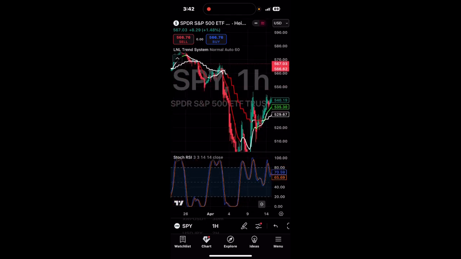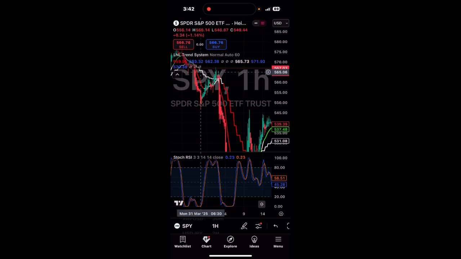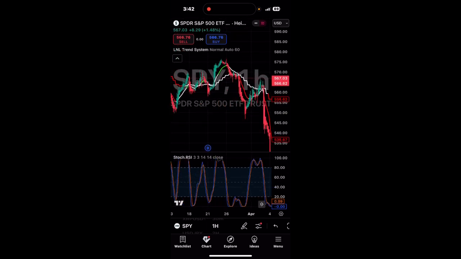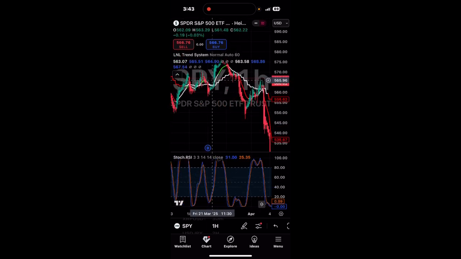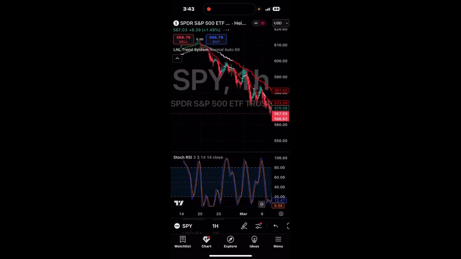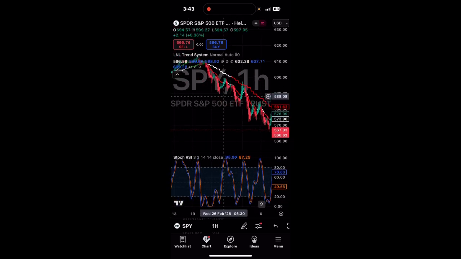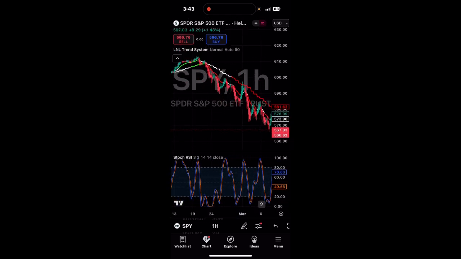Right here. This is the start of it going down. Start of it going up. Now, it does catch those little sideways moments, so you've got to be careful with that. But for the most part, if you do this on the hour, you'll find all the big moments. So you see it right before it goes down right here.